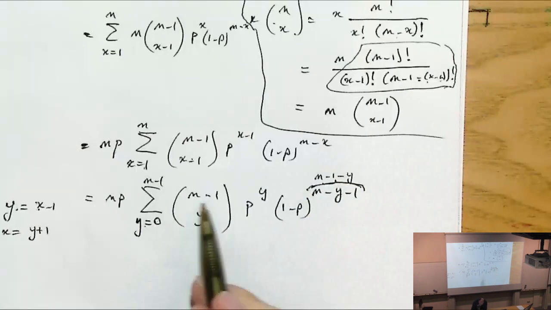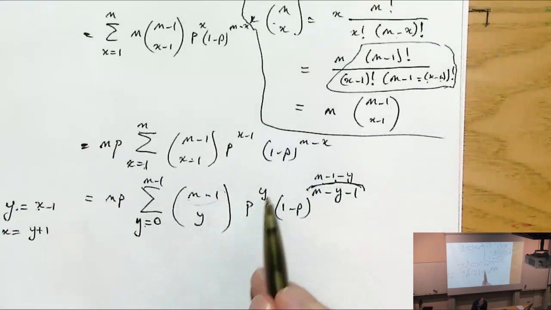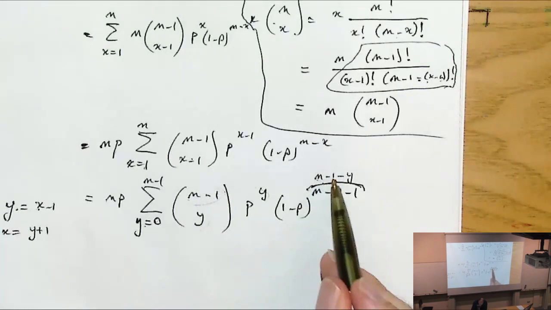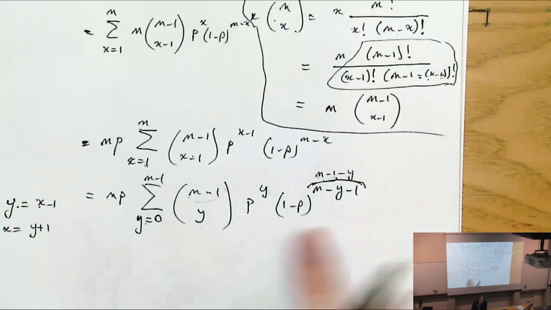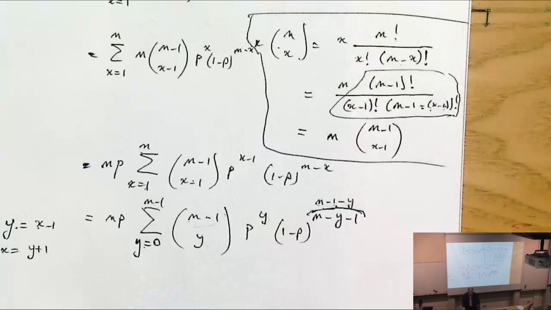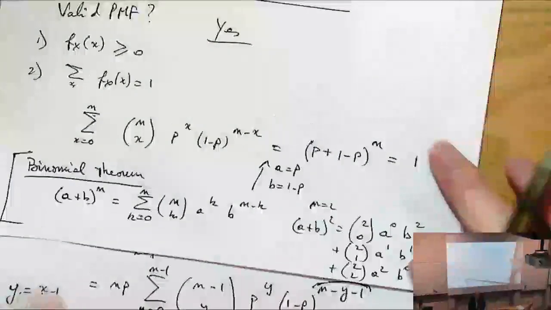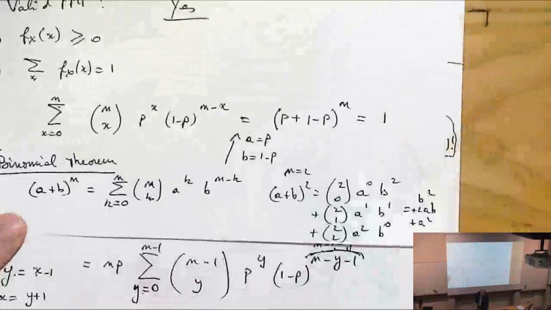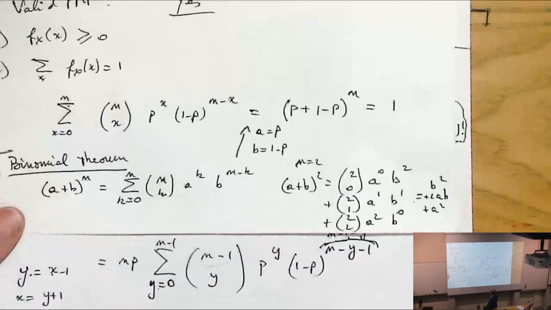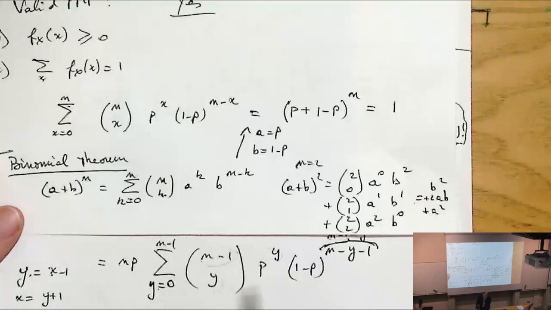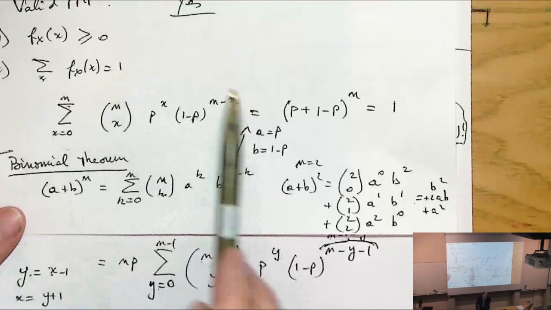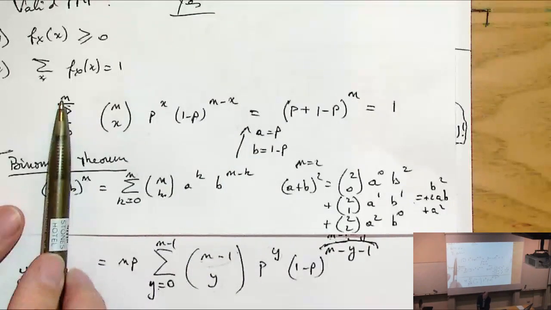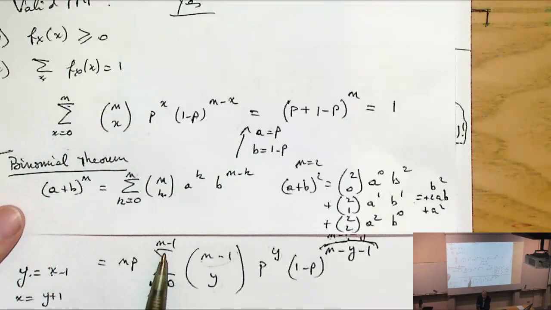So you have n minus 1, you have y here, and you have n minus 1 minus y. This is very similar to what we had there. Instead of having n, I have n minus 1.